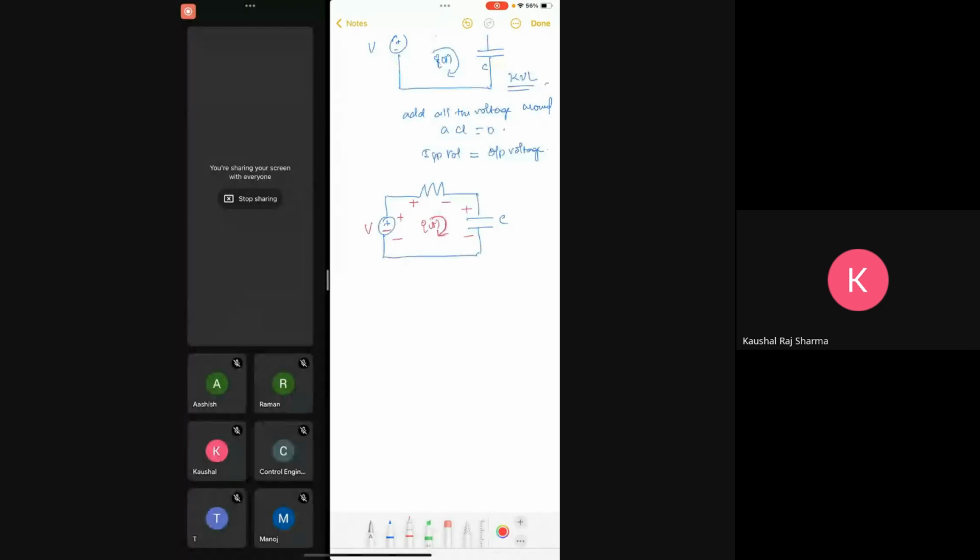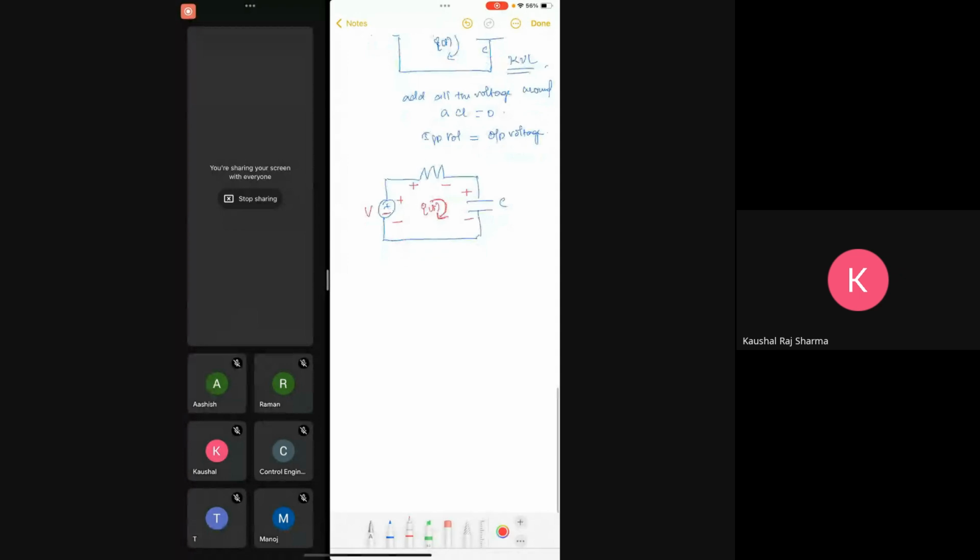So how can I write this equation? If you add all the voltages around the closed loop, it should be equal to 0. So I am adding from the signs I have written, starting from this direction as current passes in this direction. Here I see a minus, so I am writing minus V, and when I come here I see a plus, so I am writing plus VR, the voltage across the resistor, whatever voltage it is.